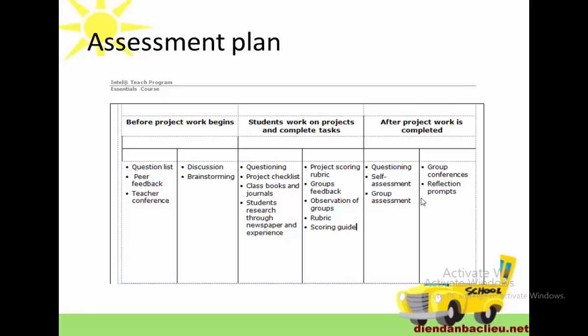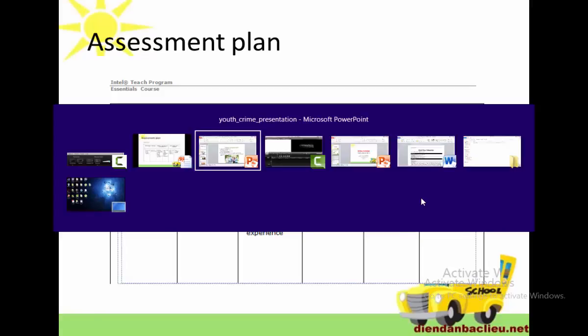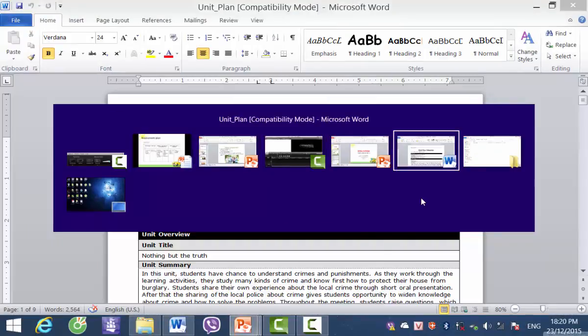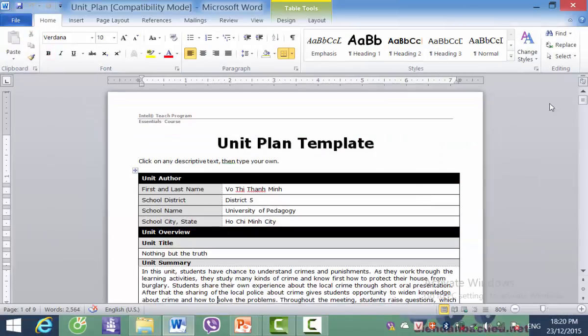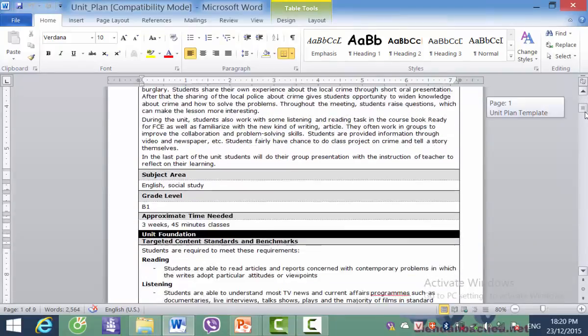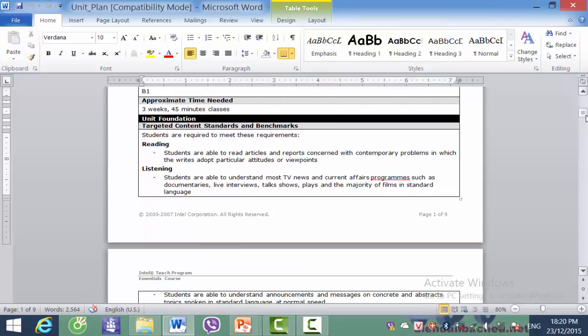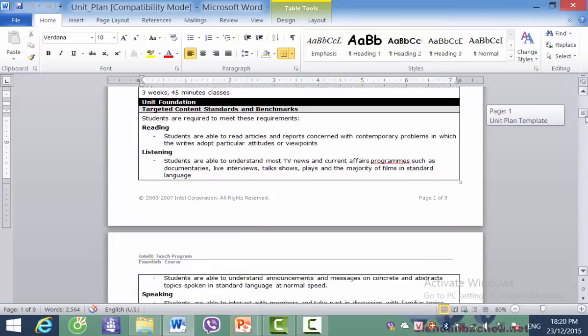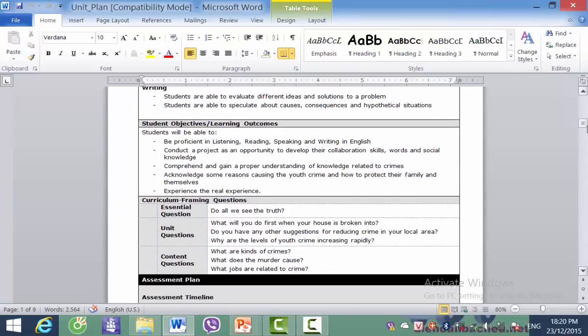So after all, let's take a look at the unit plan that I prepared. You can see this is the unit summary, and some targeted content standards and objectives.